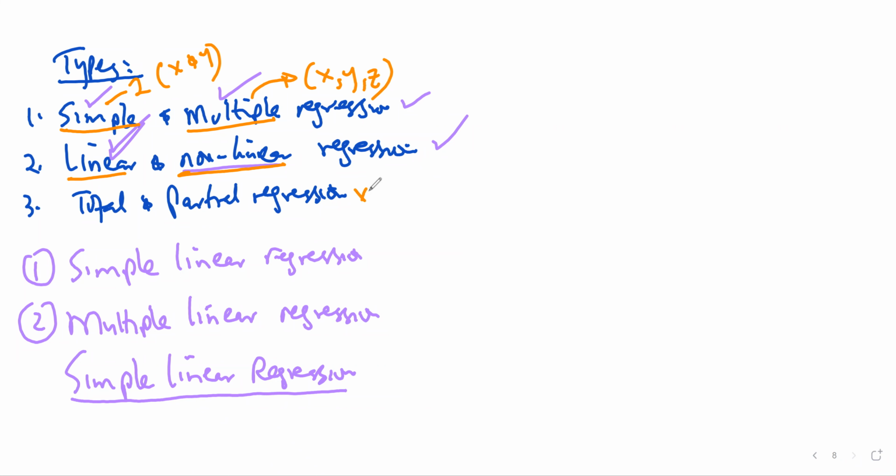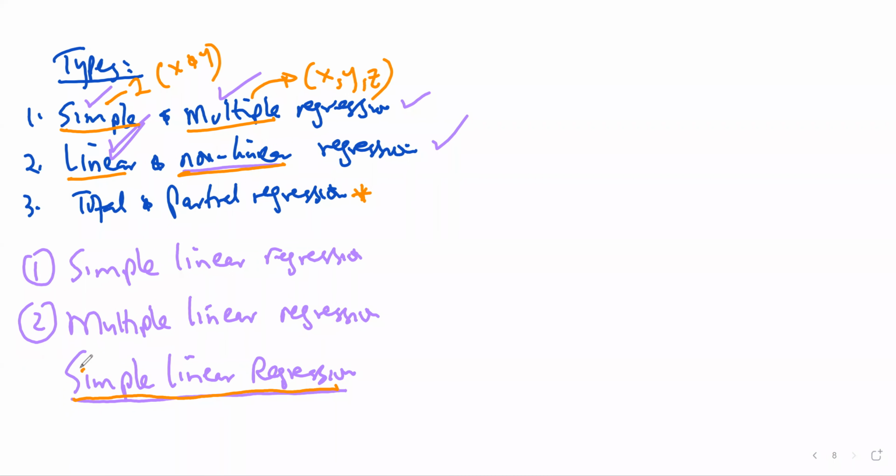In this class, I'll not go into the details of what is total and partial regression, but you can check it out later. So what is simple linear regression? By combining what we have just said, simple linear regression is a regression which involves two variables, and we assume that the two variables have a straight line kind of relationship, or a linear relationship.